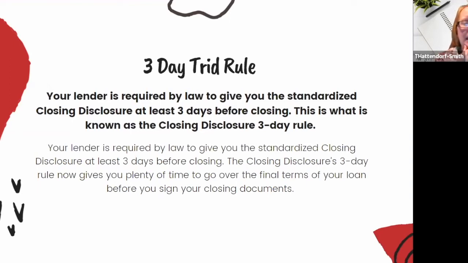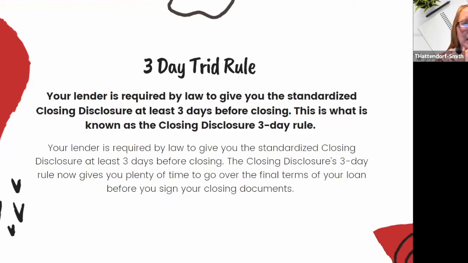I will say that the idea behind this was great, right? Every buyer would love to have their dollar figure 3 days prior to when they actually sign. How many of you have ever actually had that happen though? Almost never, because the law doesn't actually state that the 3-day CD has to be accurate in any way, shape, or form.